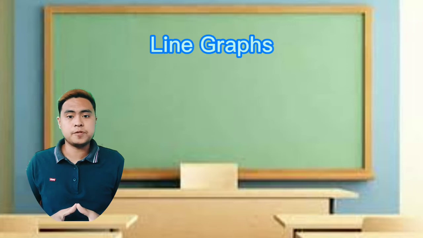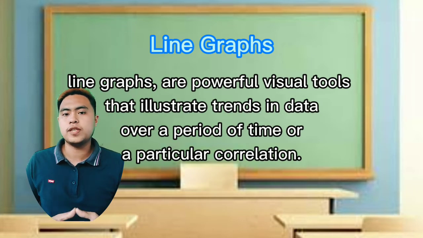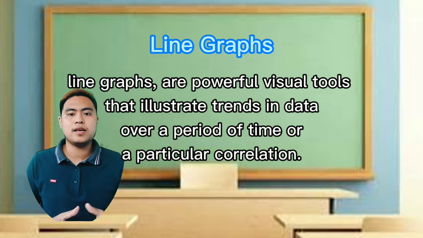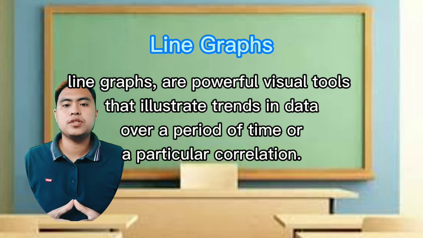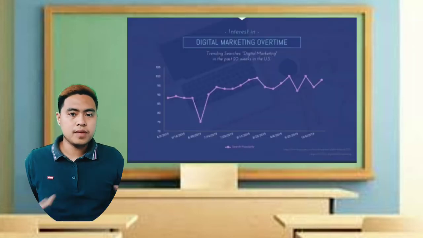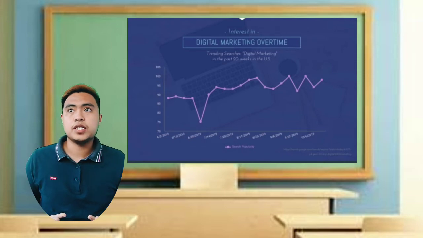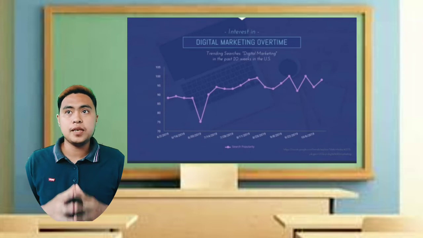First is line graphs. Line graphs are powerful visual tools that illustrate trends in data over a period of time or a particular correlation. For example, one axis of the graph might represent a variable value while the other axis often represents a timeline.